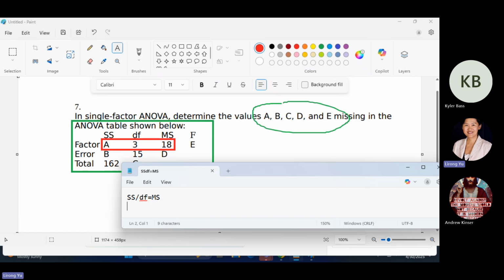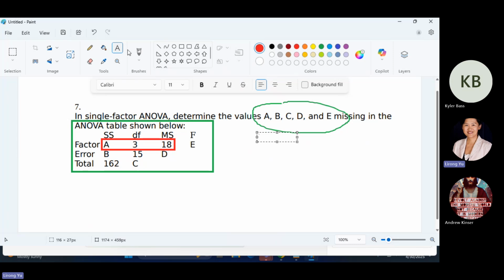So that number 3 indicates that if you take A divided by 3, you would be getting 18. So A is equal to 3 times 18, which is 54. From that relation, we figure out that A is equal to 54.